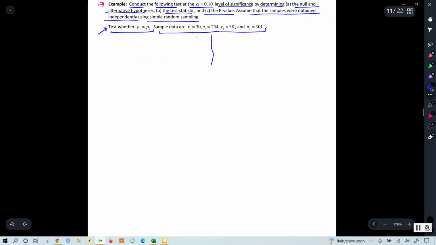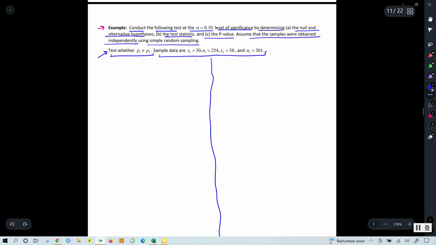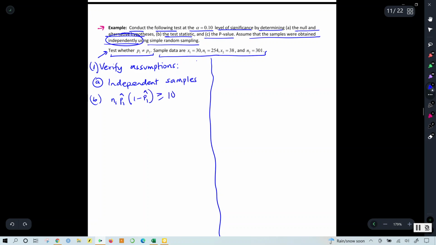So the first step, I am going to split this just to manage my space here. In this case, I would like to first verify my assumptions. Those assumptions: A, that we have independent samples. And then the next one is that we check if n1 p1-bar and n1 times (1 minus p1-bar) are at least 10.